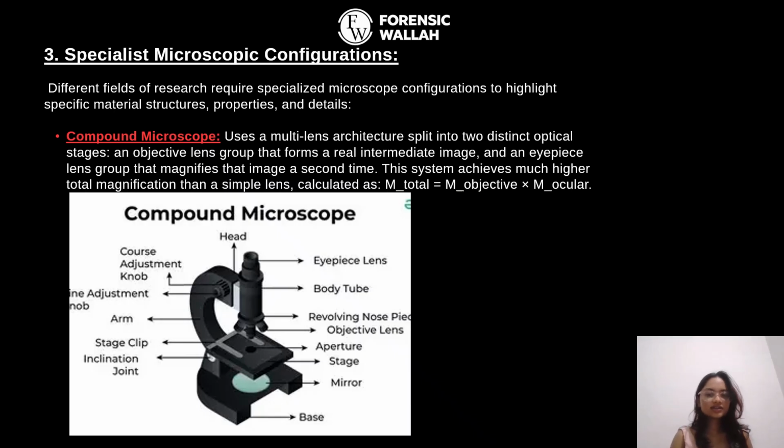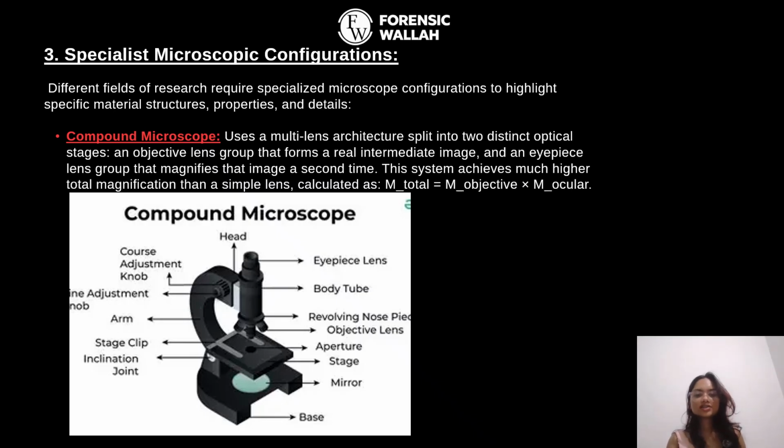First, the objective lens group sits closest to the specimen, capturing the initial diffracted light and forming a real inverted intermediate image. Now, second, the eyepiece or ocular lens group targets the intermediate image, magnifying it a second time for the viewer. Because of this two-stage magnification, the system achieves a much higher total magnification than a simple lens.